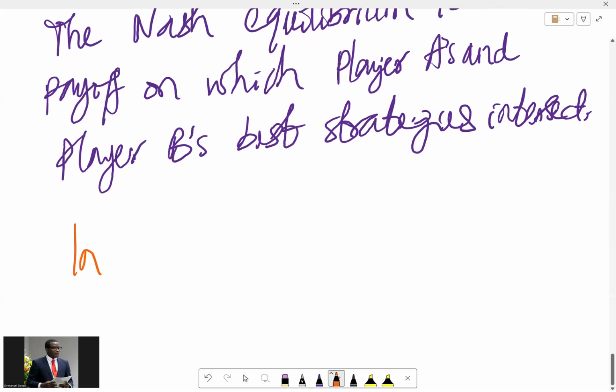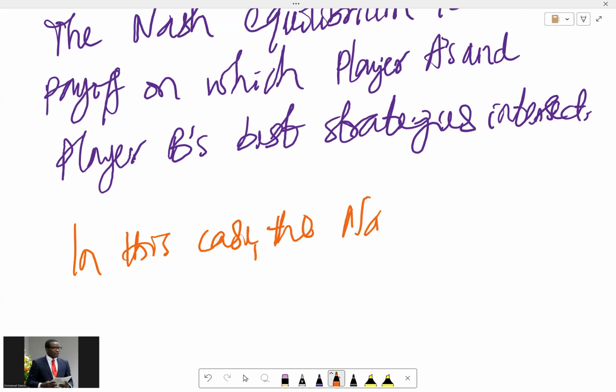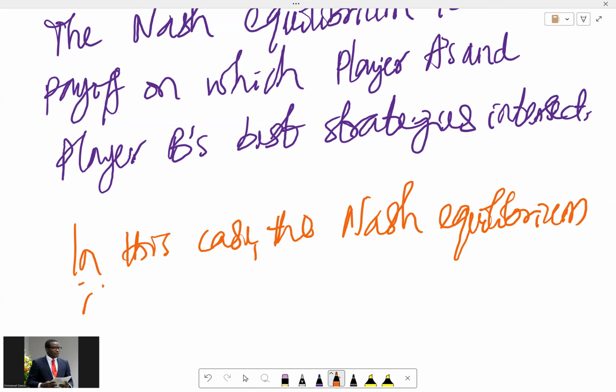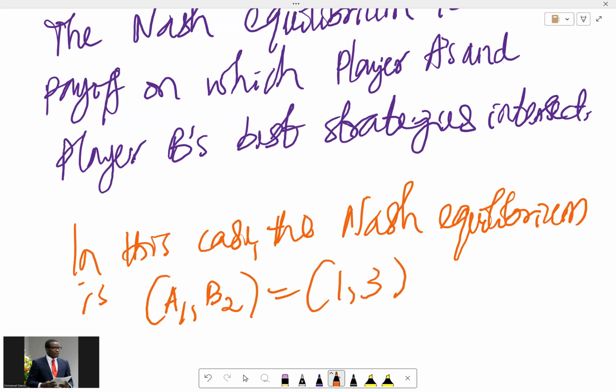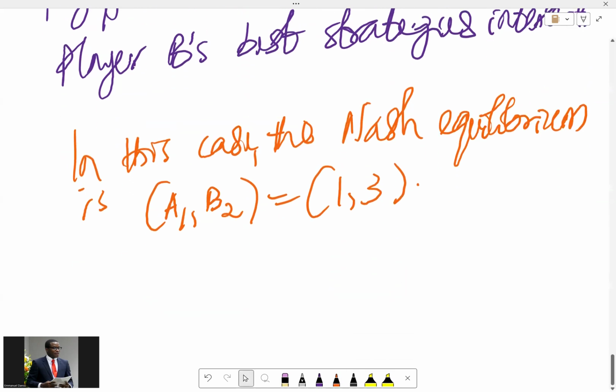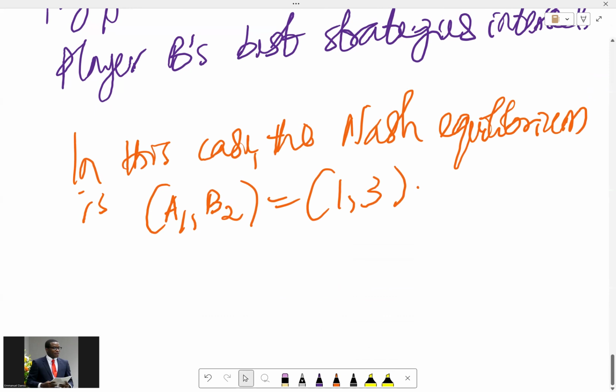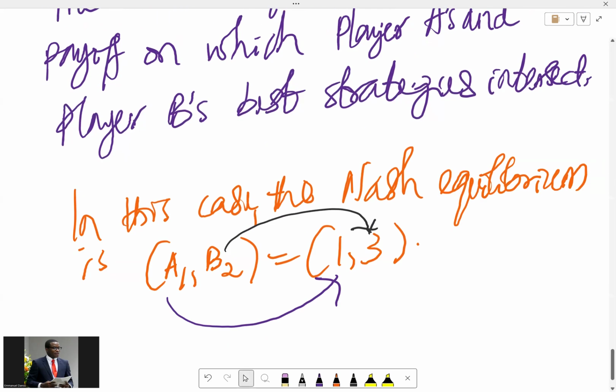In this case, the Nash equilibrium is A1 comma B2, which is equal to 1 comma 3. So player A gets 1 while player B gets 3.